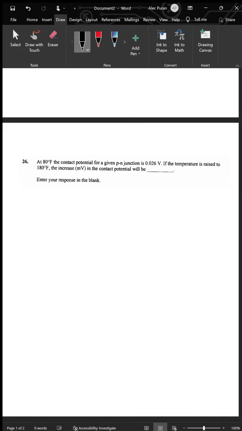We are given a formula for the contact potential of a p-n junction, and that formula is V naught equals KT over Q times the natural log of the number of acceptors times the number of donors over the intrinsic carrier concentration squared.